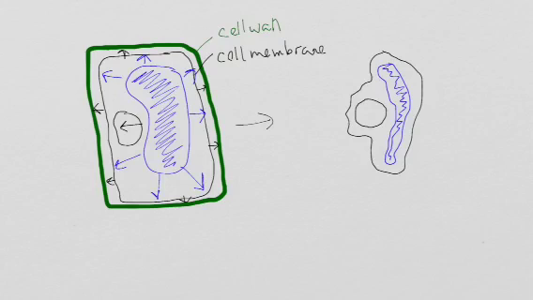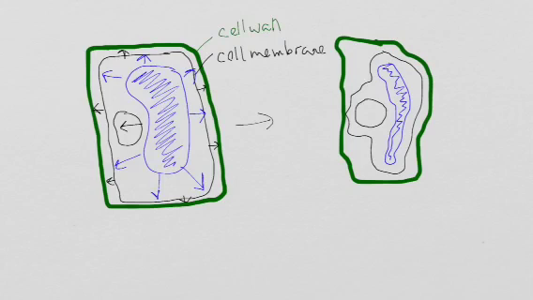But if that water's not there anymore and it's not pushing up against the cell wall, the membrane shrivels up as well because there's no more pressure, and it also causes the cell wall to shrivel up. Okay? It's no longer the same strong shape that it was.